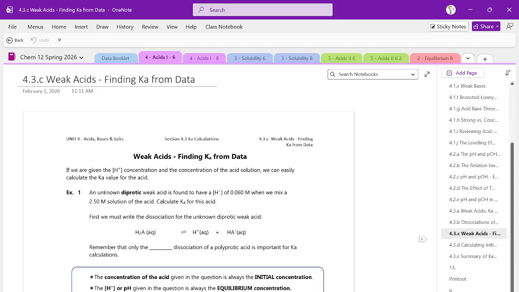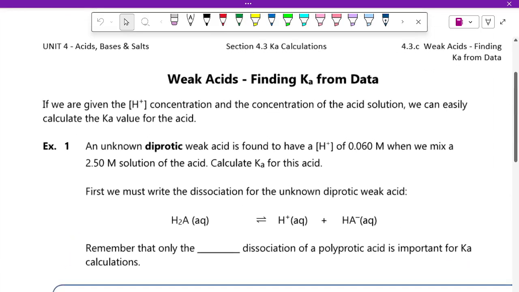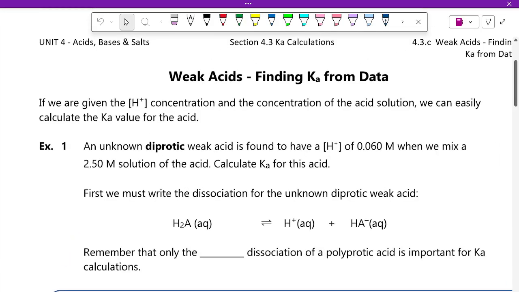Weak acids. Do you remember how we found KEQ from data back in the day when we did KEQ? Now we're going to find Ka from data. And if you don't remember, it's okay because we will remind you. All right.